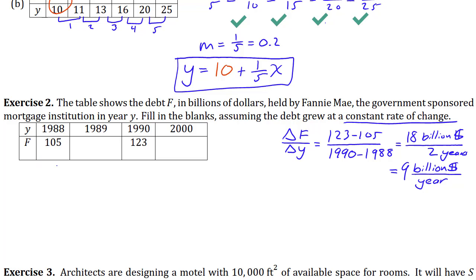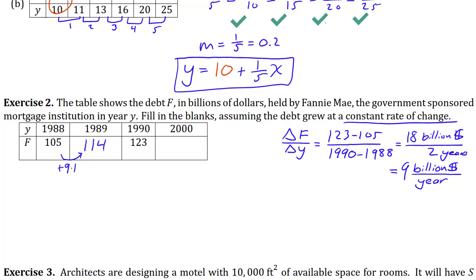What that means is in 1989, it's going up by $9 billion, and it was $105 billion. So you can just do plus 9 times 1 year that went by, and that's going to give you $114 billion.